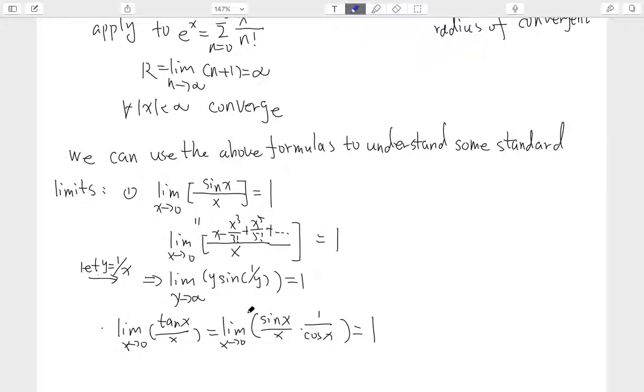And here we come to a last point, some standard limit results. The first one can be understood quite easily just from the power series we have got in the previous pages. The limit when x tends to 0 of sin x over x, what is it equal to? We just plug in the formula of sin x, and we find the first term is 1, and all the other terms are some form of x to the nth power where n is greater than 1.